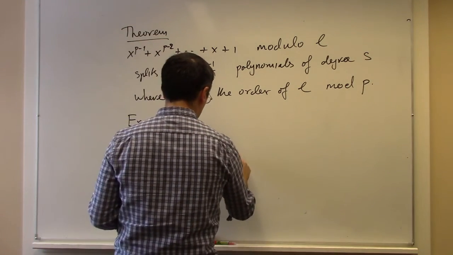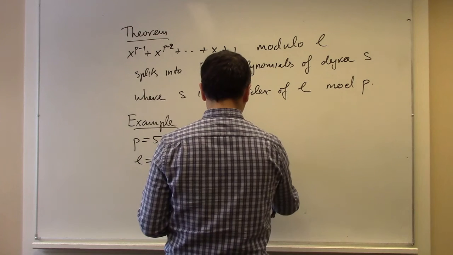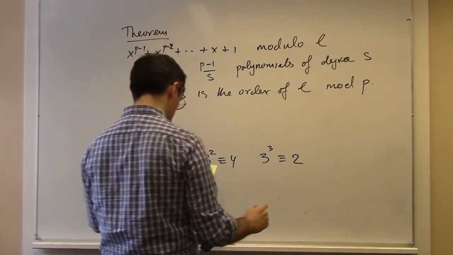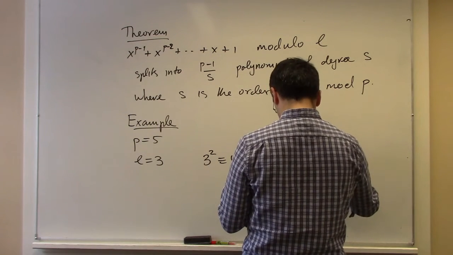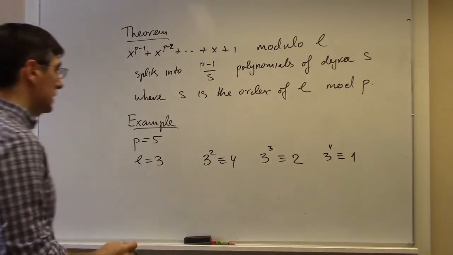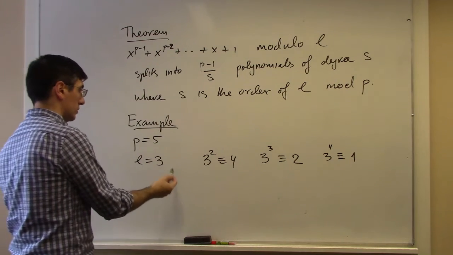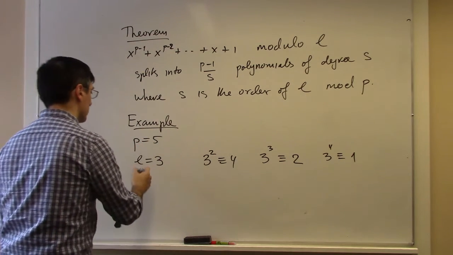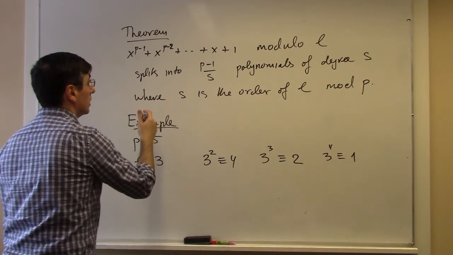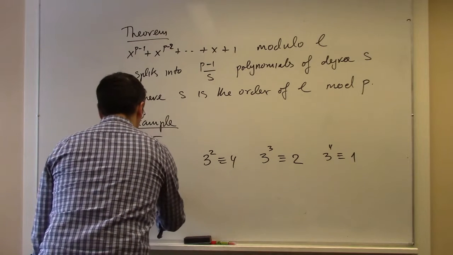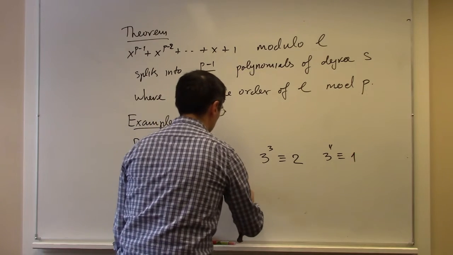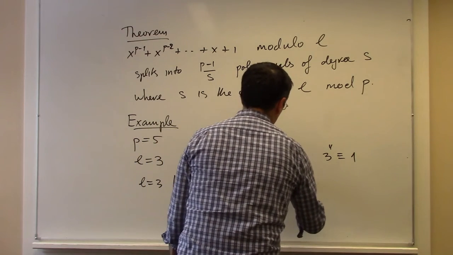So this is 4, and then 3 cubed is congruent to 2, and then 3 to the fourth is congruent to 1. So this has order 4, right? So l equals 3 has order 4 modulo 5.